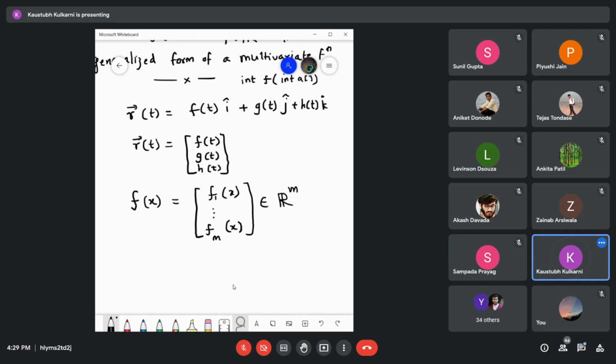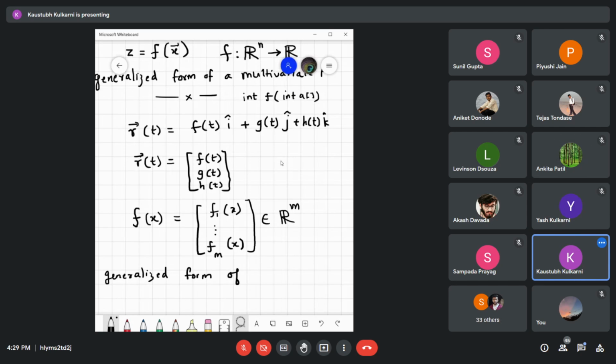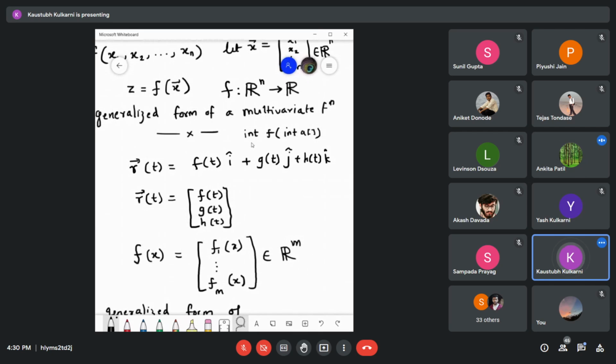So this is the generalized form of a univariate function. The one we saw previously was a scalar; that was the generalized form of a scalar multivariate function.